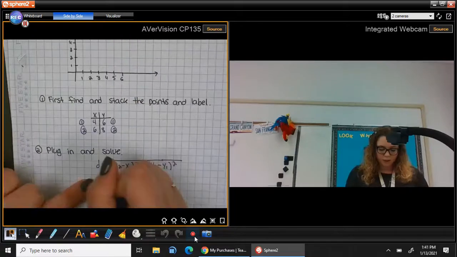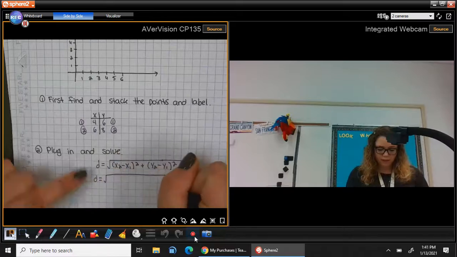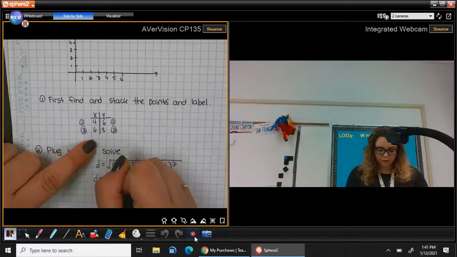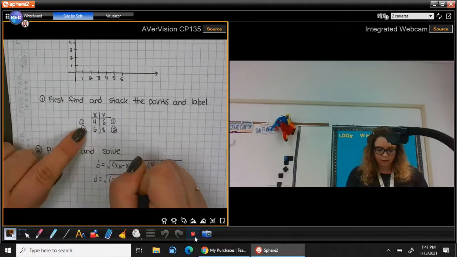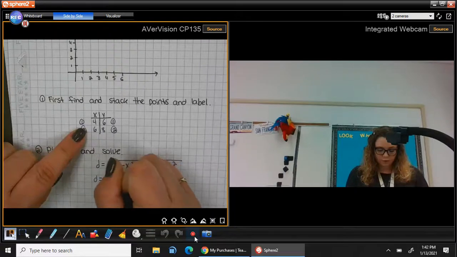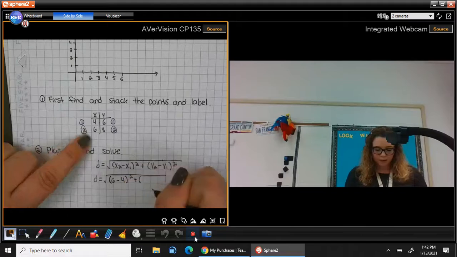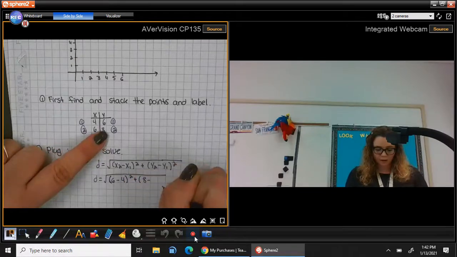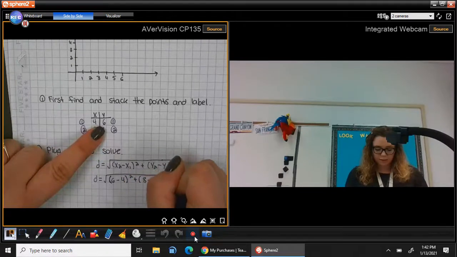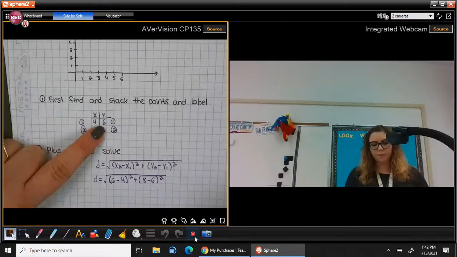So I'm going to plug in my numbers. So x2 is 6 minus x1 is 4. Close my parentheses, square it, plus my y2 is 8, minus my y1 is 6. Close parentheses and square it.